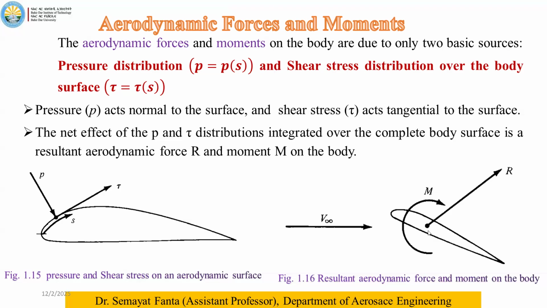We have to resolve this resultant force into the vertically upward direction and the horizontal direction, parallel to the velocity. The force parallel to the velocity is the drag force, and perpendicular to the velocity direction is the lift force. So we resolve this force into drag and lift, and by that we get the two aerodynamic forces.